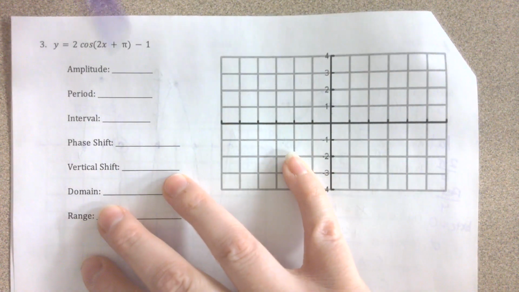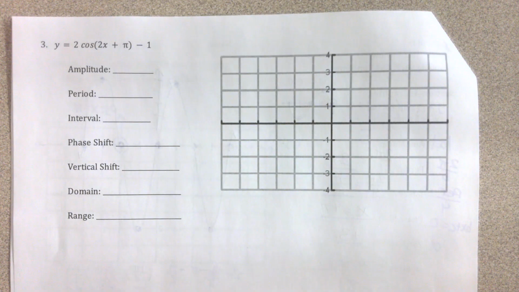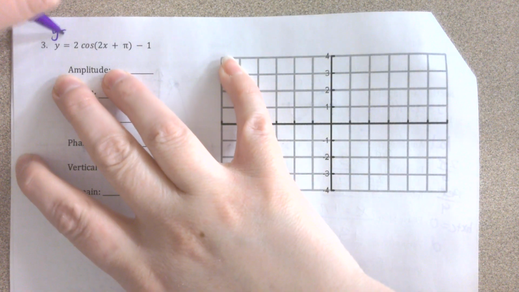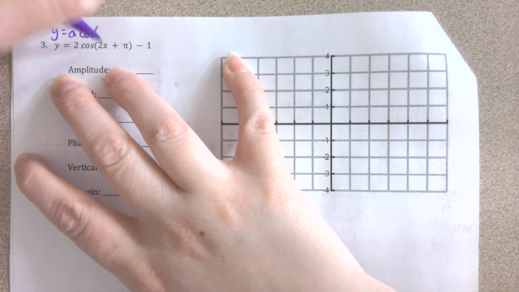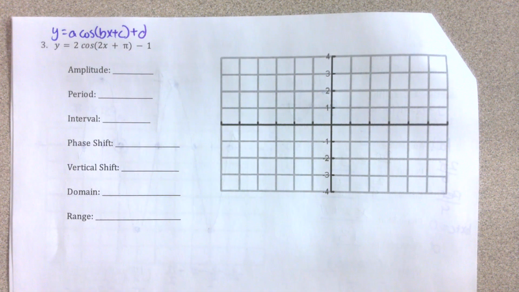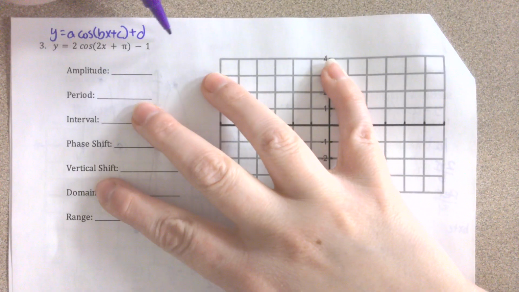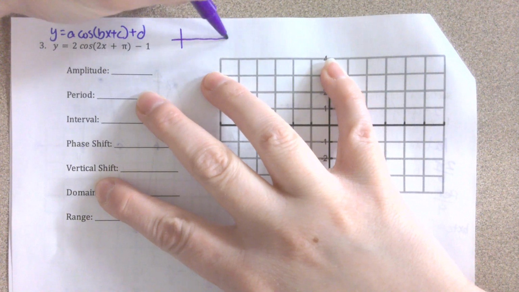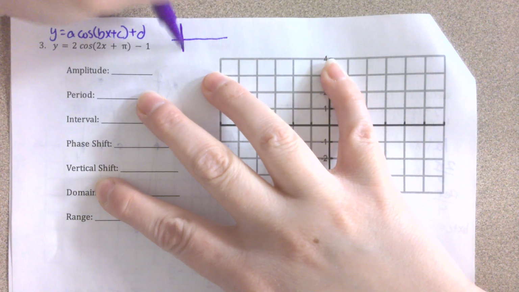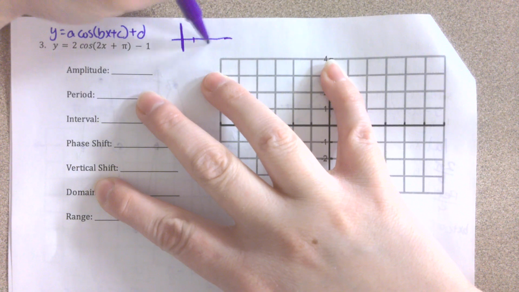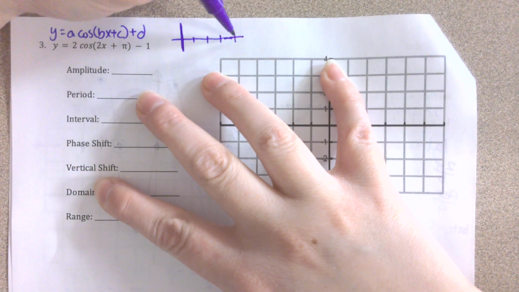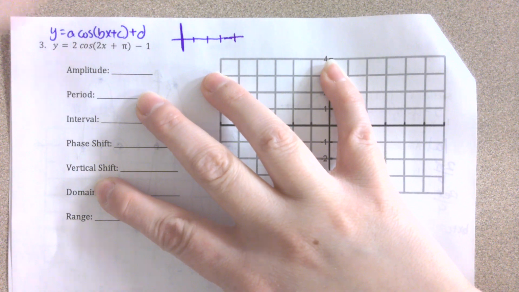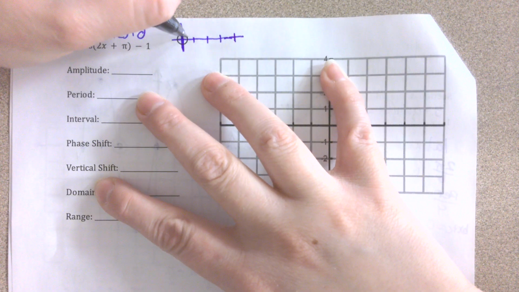2 cosine of 2x plus pi, minus 1. Start with the general info: y equals a cosine of bx plus c, plus d. Mini curve with our 4 intervals, assuming we start on the origin.